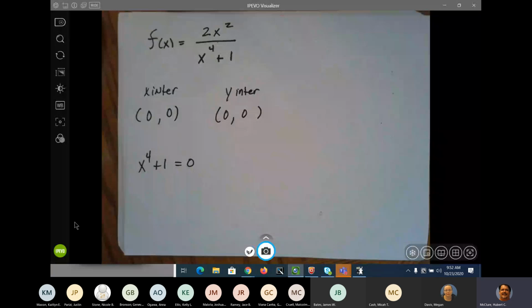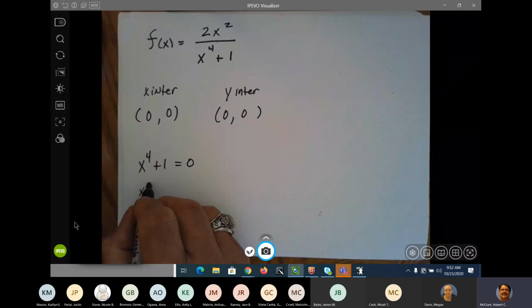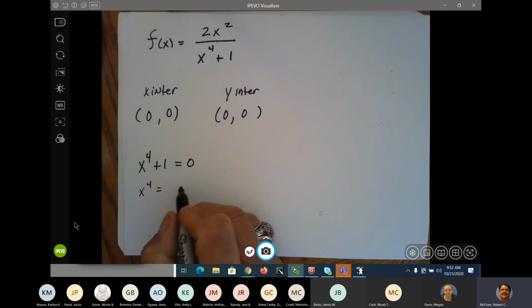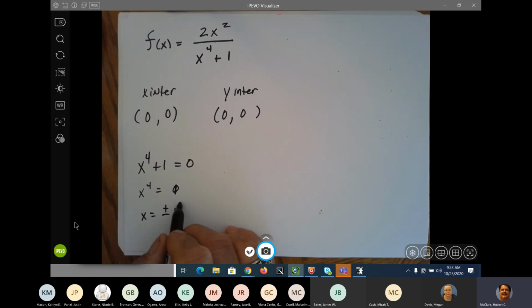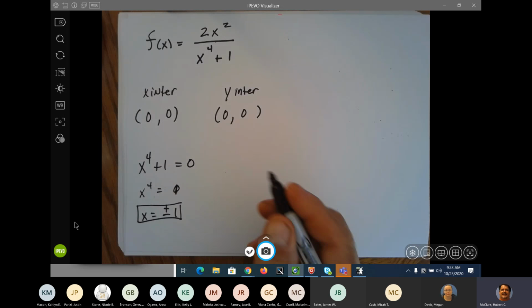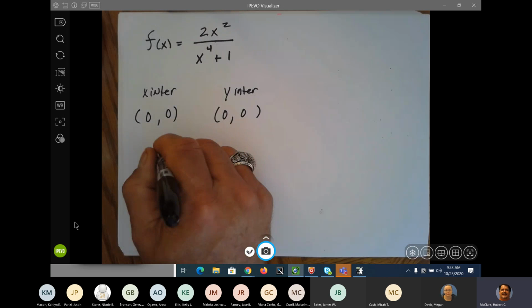There we go. And x to the fourth is equal to 1. And x is equal to positive or negative 1. And my vertical, that's the vertical asymptote.